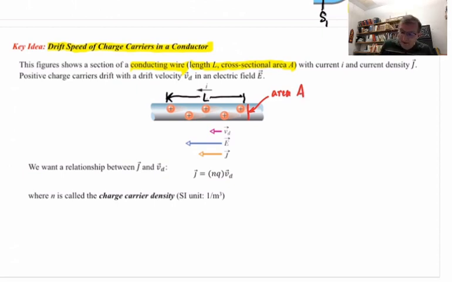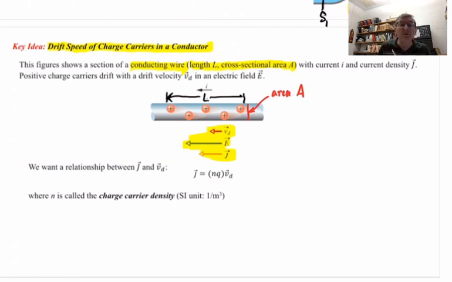Then there are three arrows drawn beneath here, but they're all representing quantities inside the wire. You can see a few of the pretend positive charge carriers, and they're all drifting to the left in this picture. So there's a drift velocity, v_d, arrow to the left.